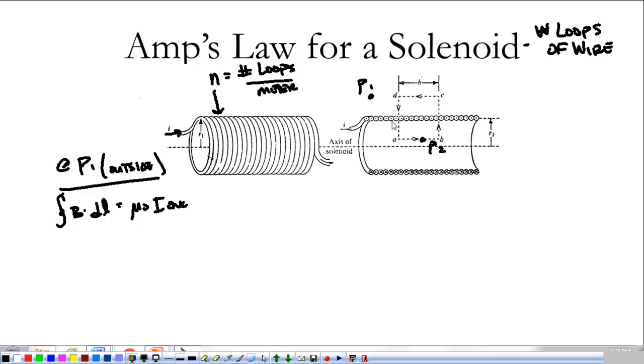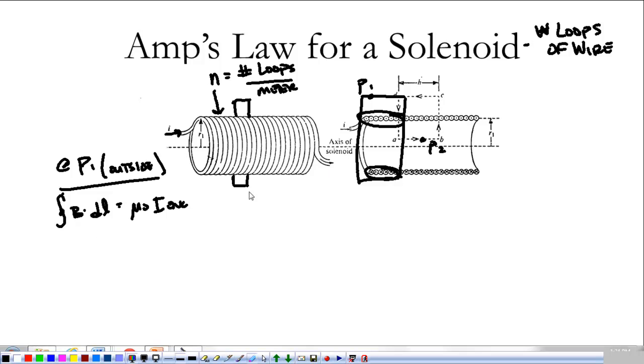We'll do this one in black. So what we want to do here is draw a big Amperian loop, which is going to go halfway through this thing. So we would have it go into this and come out the other side. And we're enclosing a certain amount of current coming out and a certain amount of current going into the page.